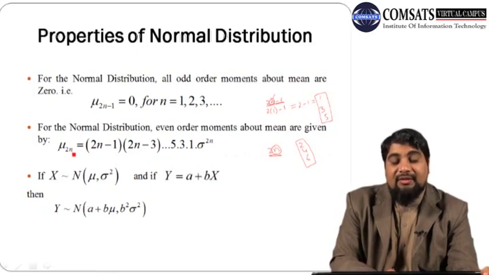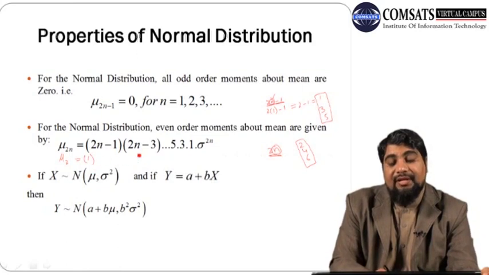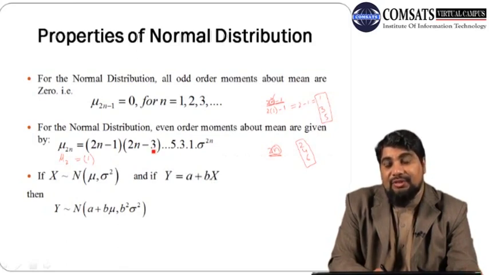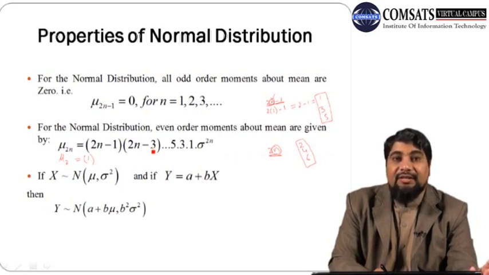So if n is 1 here, it will be 2 into 1, 2. So it means second moment about mean. Just replace n by 1 here. So it is 2 into 1, which is 2, 2 minus 1, which is 1. And here just replace n by 1. So 2 into 1, which is 2, 2 minus 3, you get minus 1. Whenever you get a negative number, you need not include that entry.